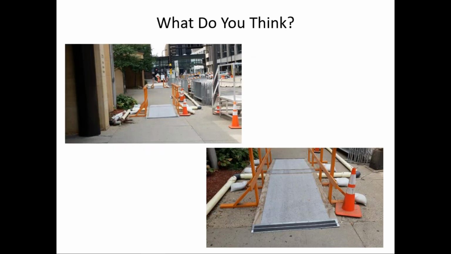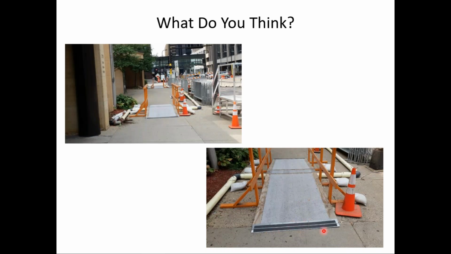How about this? I think I mentioned, I took a few photos when I was in Minneapolis a few years ago. These are a couple of those photos. Not sure what the project was, but you can see they have some piping here going across the sidewalk. Of course, that's not accessible, and so they put in a kind of a temporary ramp system here.